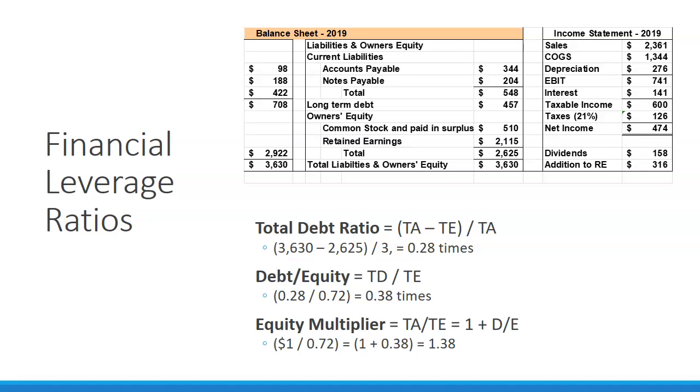Our equity multiplier is total assets divided by total equity, or this also equals 1 plus the debt to equity ratio. So the thing to notice here is that given any one of these three ratios, we can immediately calculate the other two because they all say a similar thing.